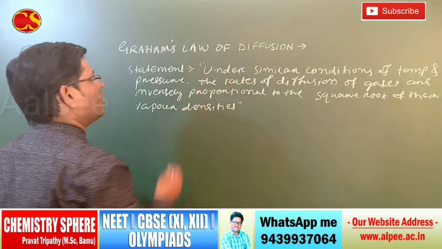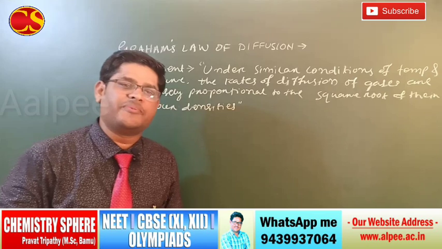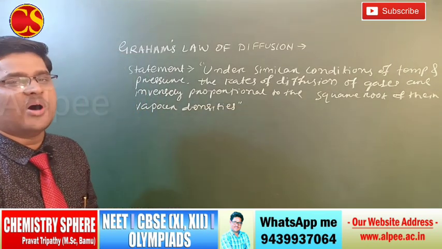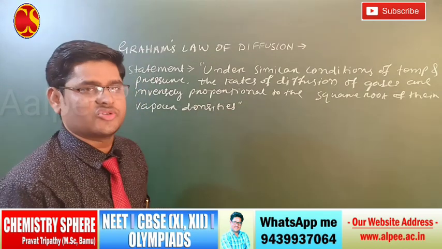Okay, so under similar conditions of temperature and pressure, the rates of diffusion of gases are inversely proportional to the square root of their vapor densities.